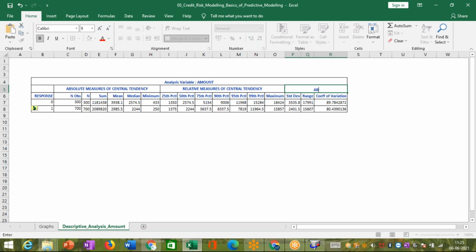And over here, I have the absolute and relative measure of central tendency.